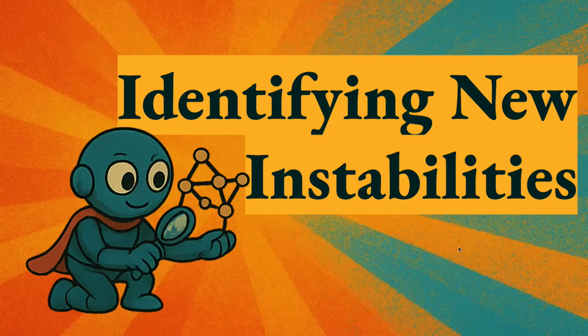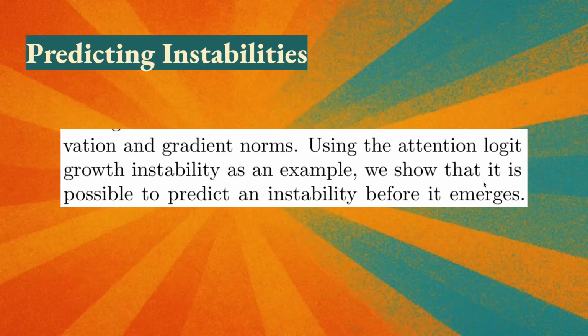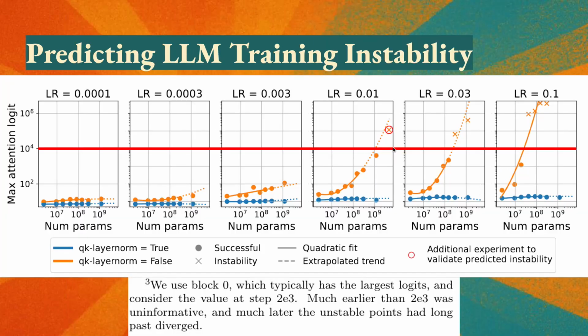Okay, so for the last couple of sections, we've now gone kind of full circle. These instabilities exist at small scale. The mitigations also exist at small scale, and we can predict when the large scale instability will happen. At what learning rate are we going to experience maximum attention logit divergence for a 5 billion parameter model?